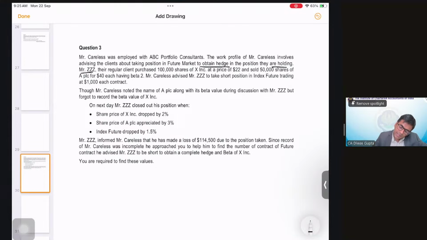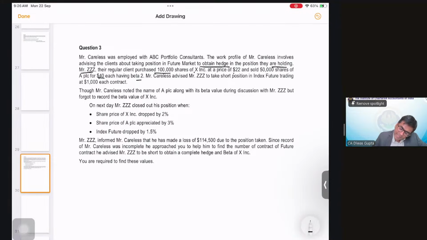Mr. ZZZ, their regular client, purchased 1 lakh shares of X Inc. at a price of $22 and sold 50,000 shares of APLC for $40 each, having beta 2.